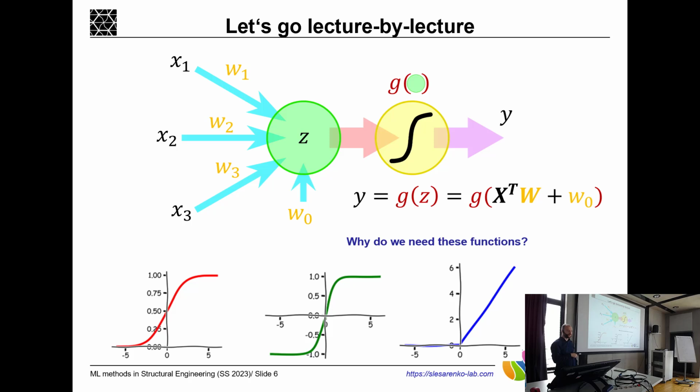So don't mix them. But why do we need them? Why cannot we work without them? What's the reason to include nonlinear functions in our neural networks? Why do we do that? Answer, because that's what I will ask you. Why do we need it?